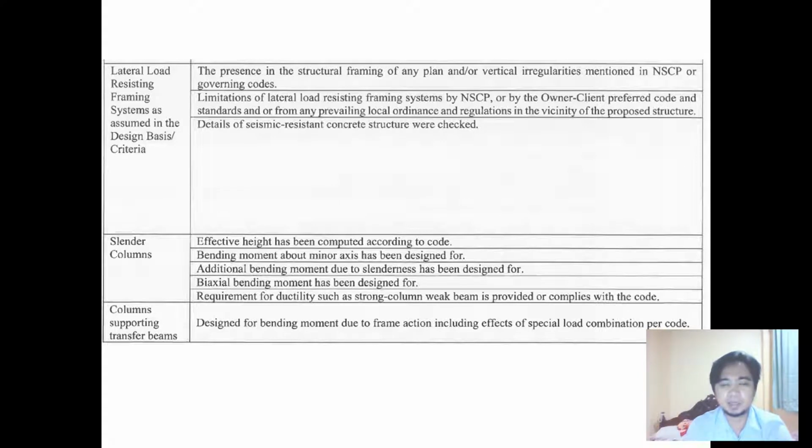That is the concept in the earthquake design: strong column and weak beams.